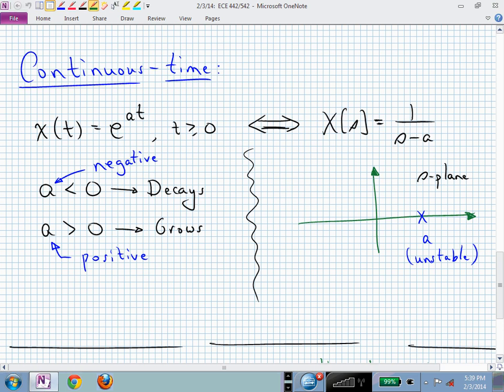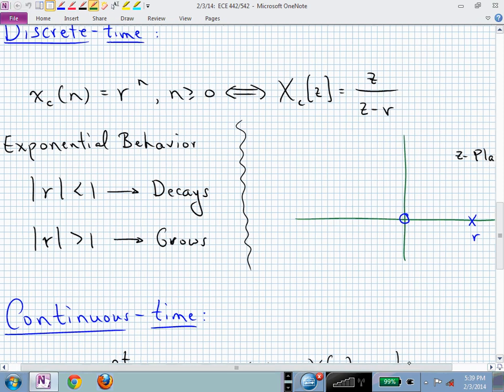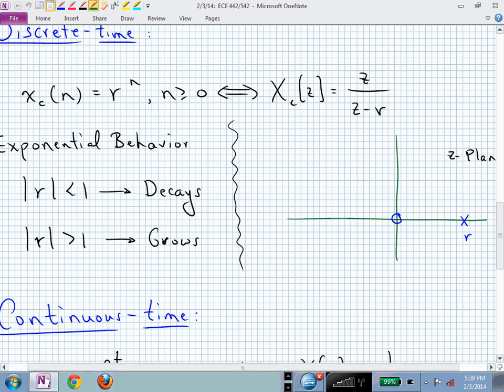That's the continuous time, and I want you to start getting comfortable with these ideas. What you're maybe very comfortable with in the continuous time setting or the Laplace case, and gaining that same comfort level for the discrete time case.